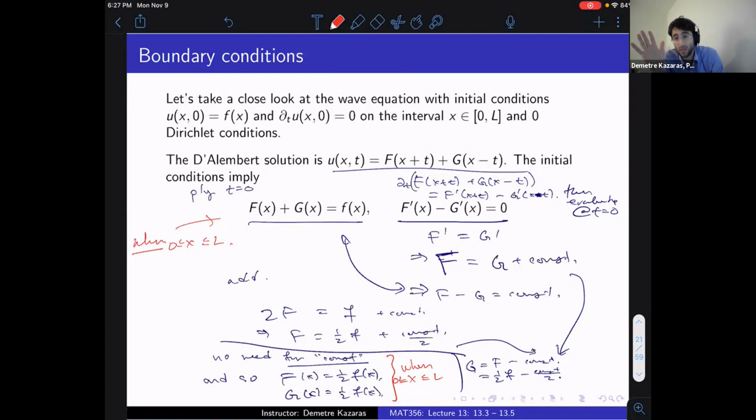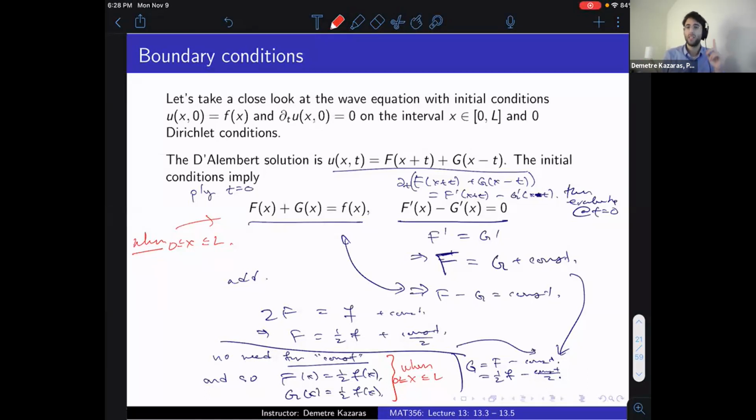But we want to plug in numbers into f and g that are bigger than L or less than 0, because we're not only plugging x into f and g, we're plugging in x plus time, and time is unbounded. X is bounded in between 0 and L, but t is unbounded. So if t is 1,000,000, you want to know what f of x plus 1,000,000 is, which we have no idea right now, because we only know what f of x is when x is in between 0 and L. So we haven't figured out everything about f and g yet.